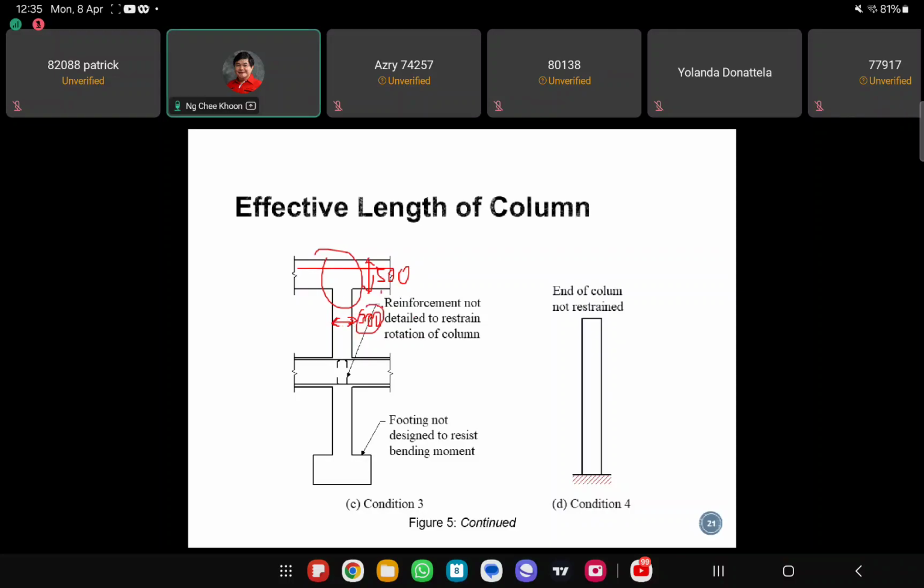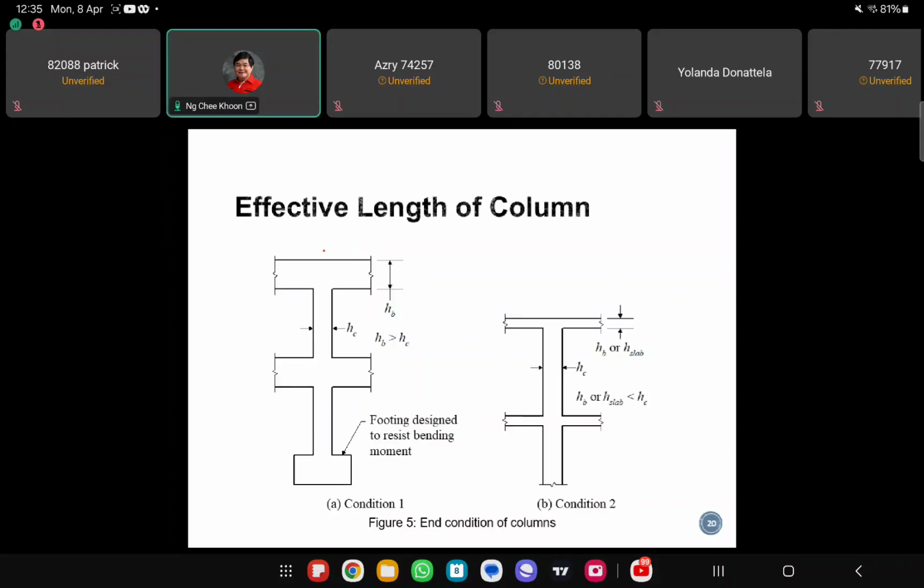So 500 is greater than 300, meaning that the top end is condition 1. Or this is for condition 3 where the beam is simply supported; we should be looking at this one, right? So the top end is condition 1, and the bottom end is also condition 1, right?